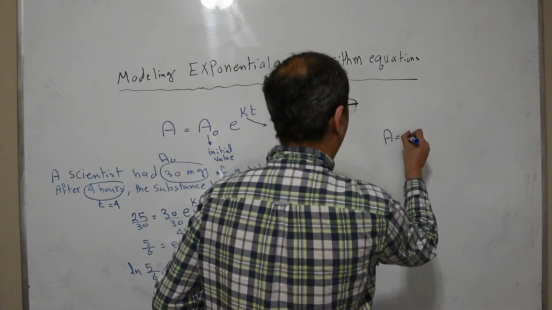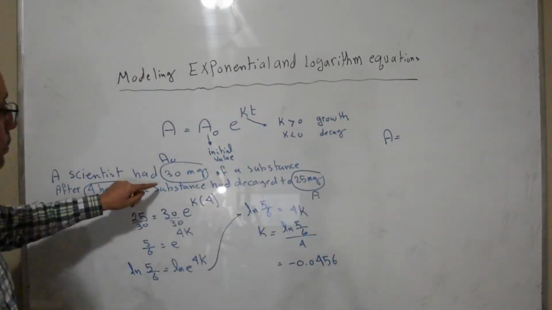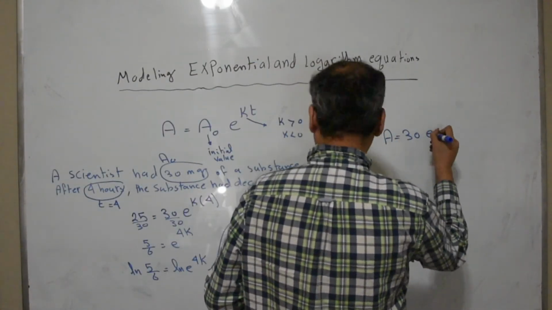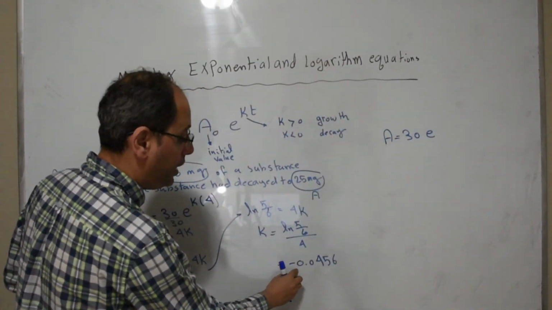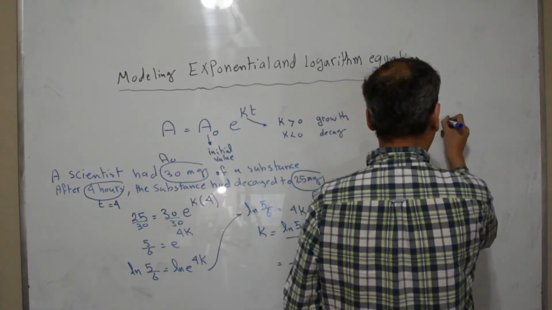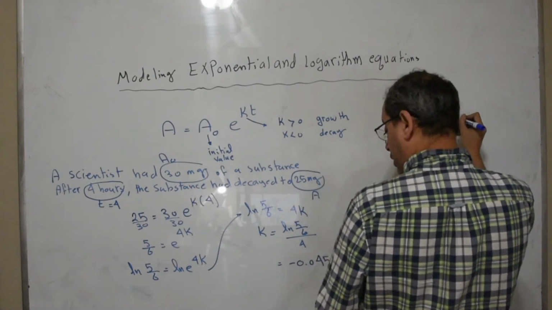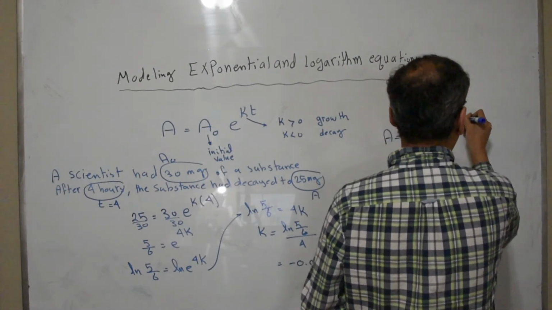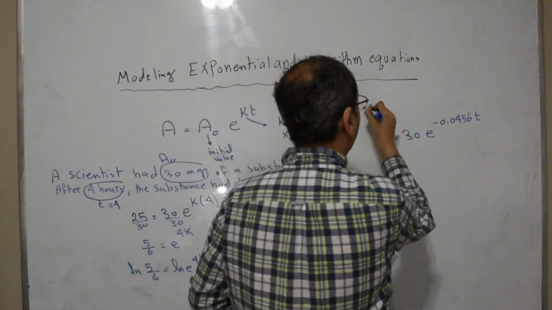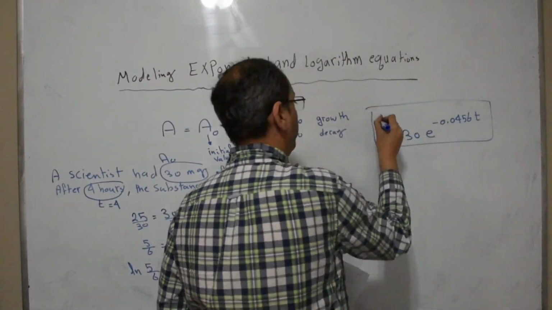A is A naught. How much is A naught? 30, times e to k. What is k? Negative 0.0456. So e to the negative 0.0456 t. So this is my model.